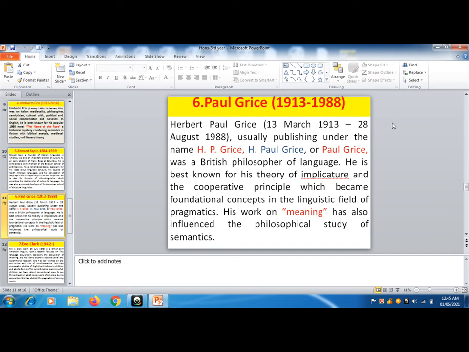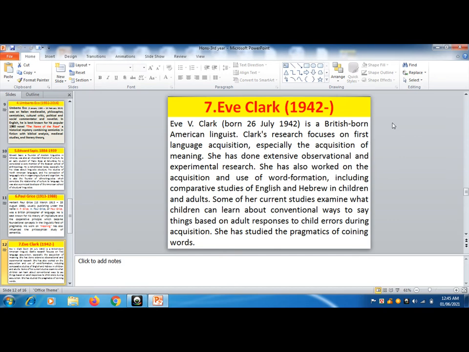He was a British philosopher of language, and he is best known for his theory of implicature and the cooperative principle, which became a foundational concept in the linguistic field of pragmatics. His work on meaning has also influenced the philosophical study of semantics.